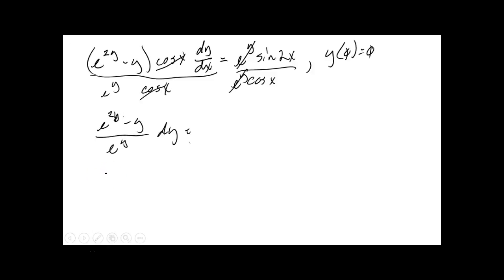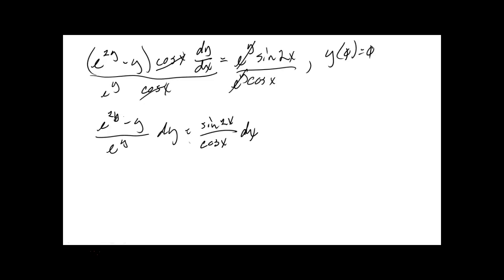And over here, we'll have sine 2x over cosine x dx. Now, does anything bother you especially about that? I get the feeling we can live with this, maybe.